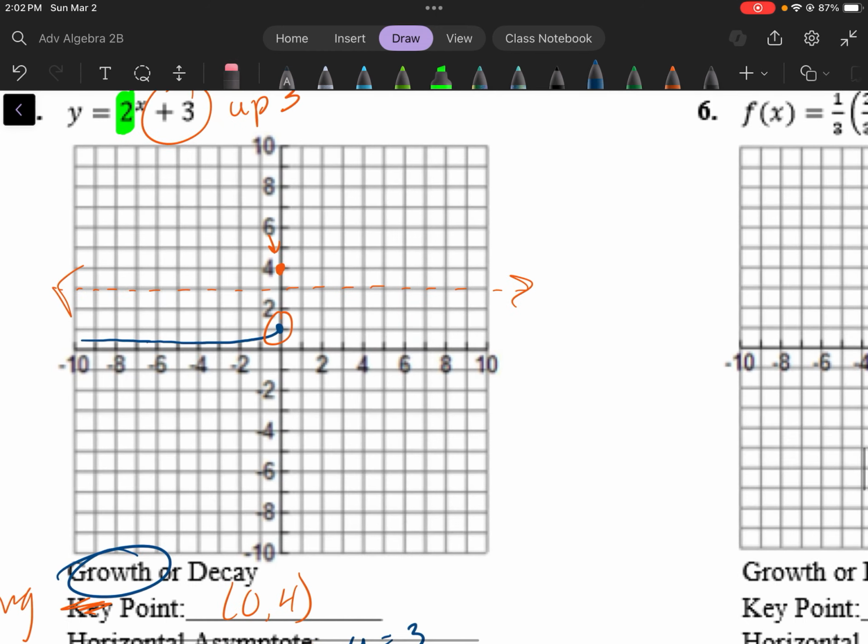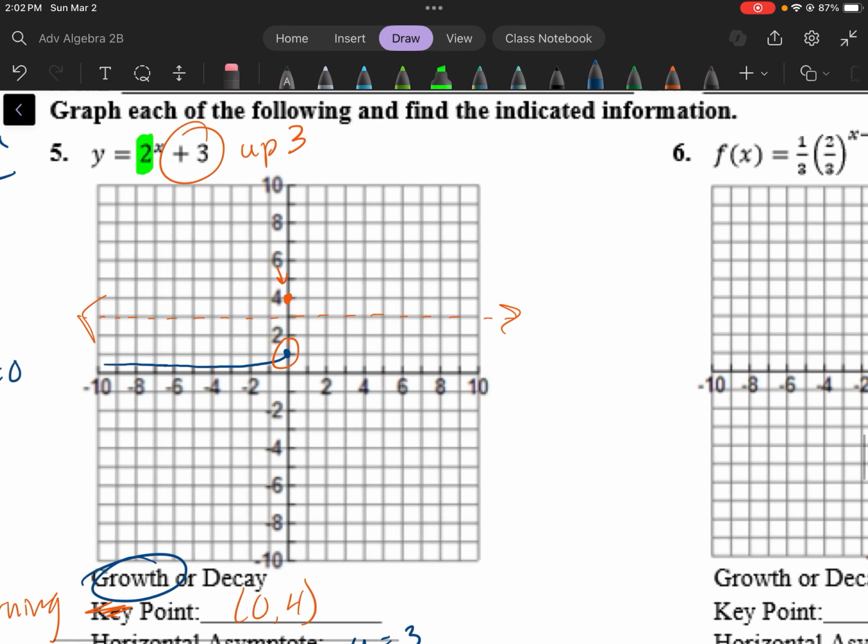So for like the parent, we did on the very first page that if I plug in 1, 2 to the first power is 2, 2 to the second power is 4, 2 to the third power is 8, and so that's what my curve needs to look like. And so let's go ahead and put actual points just to make sure we get it right. So again, for the new one that I just pushed it up, you can almost think of this spot right here kind of like your origin.